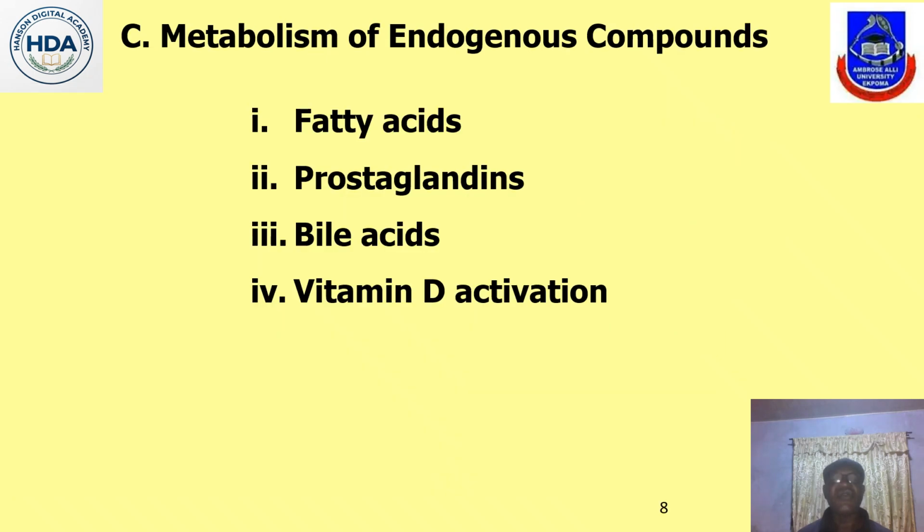In addition to synthesis of hormones and drug metabolism, the cytochrome P450s are also involved in the metabolism of endogenous compounds such as fatty acids, prostaglandins, the bile acids, and the vitamin D activation.